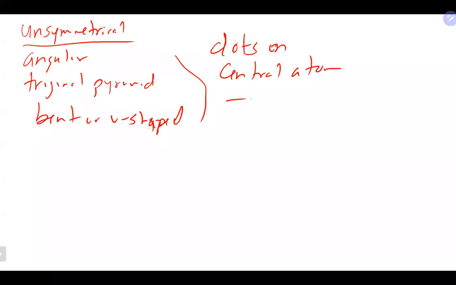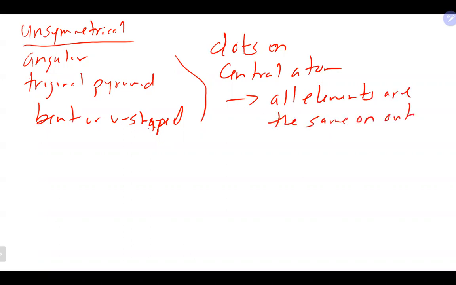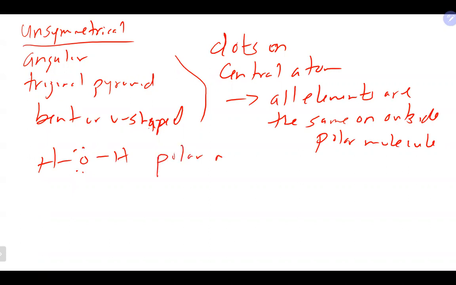And if all the elements are the same on the outside, it will be a polar molecule in most cases. Like our water, basically, that we saw a second ago. Basically, all you have to do is go, I see dots, I see everybody on the outside is the same, I see polar molecule, basically.